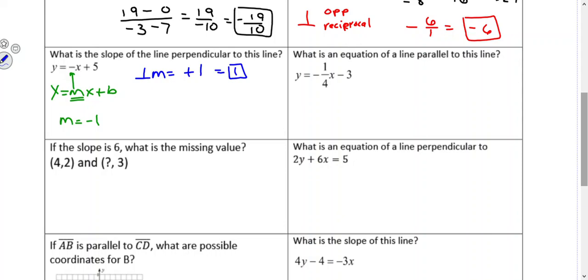If we move over next to it, we are again given something in slope-intercept form. So to make it fairly easy to pick out the slope, the m that we're given is -1/4.